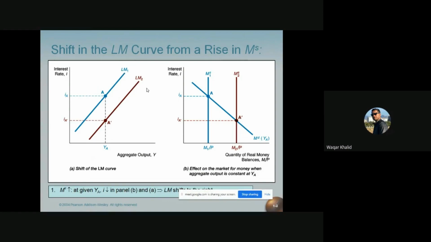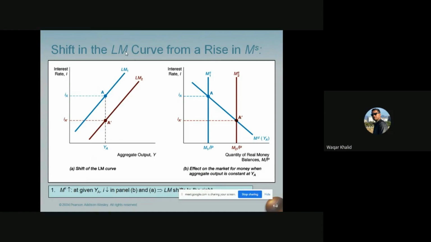Suppose LM1 is the original LM curve, and the Federal Reserve conducts open market purchases that increase the money supply.